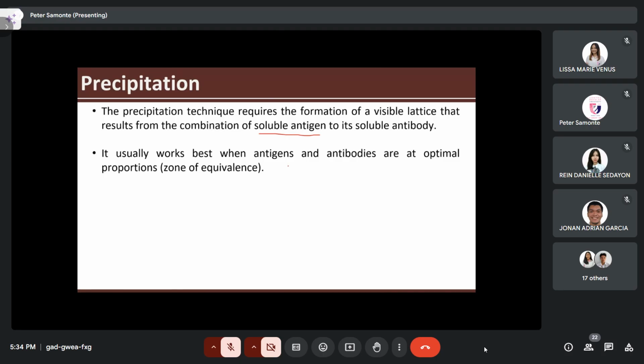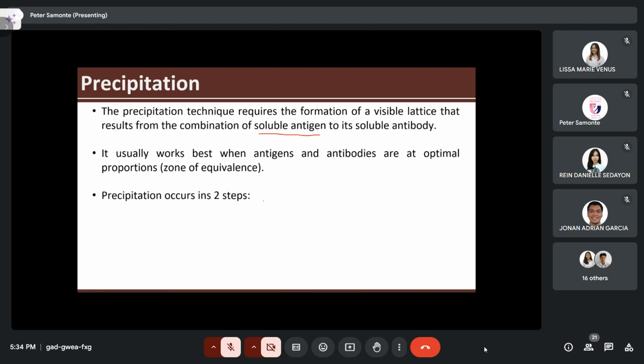We had a difficult time of creating an agglutination because we were not able to do a zone of equivalence. Mas madami yung volume ng RBC antigen nyo kaysa dun sa serum which would contain antibodies. Nag-cause ng false negative due to post-zone and pro-zone reactions.